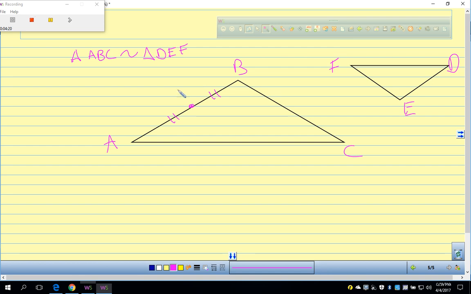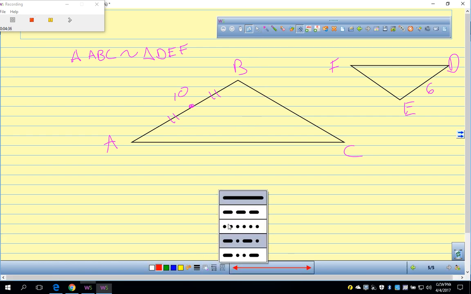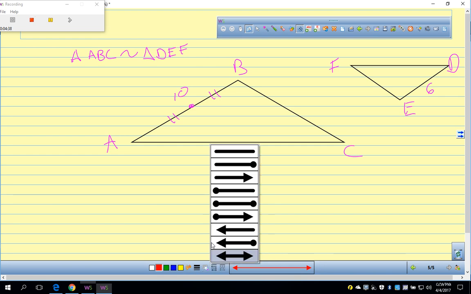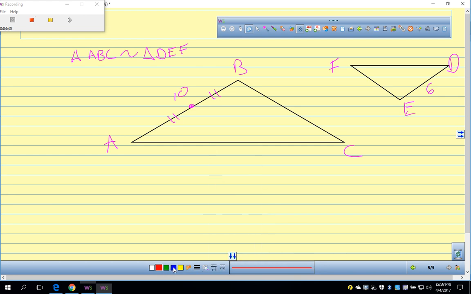And maybe I'll tell you that this side is 10, and this side is 6. And I tell you that this segment going from here to here is 12.